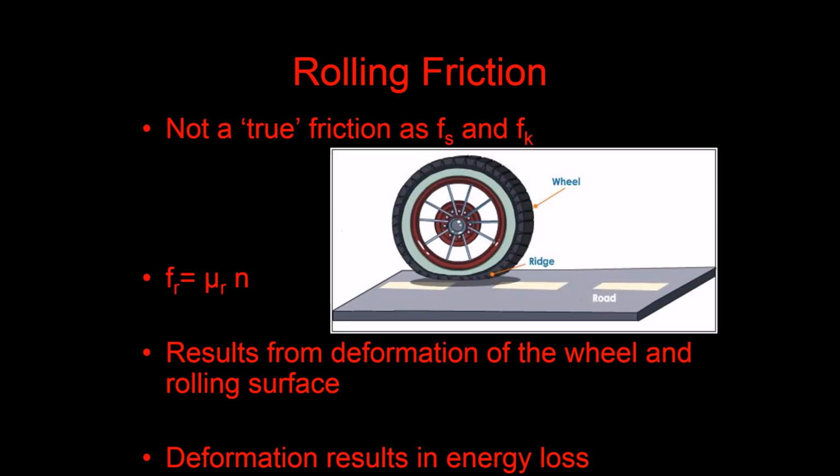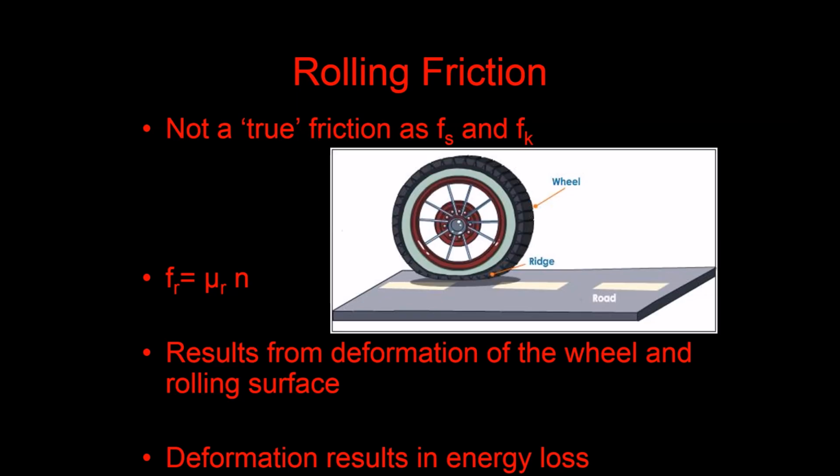Then you have to compress the tires before you can make the vehicle move. As such, if you push the vehicle, you'll have to put energy in, force in, to compressing those tires before you can look at a movement of the vehicle. And this goes for any particular material. If you're looking at a very flexible road, you might have to deform the roadway before the object will move.